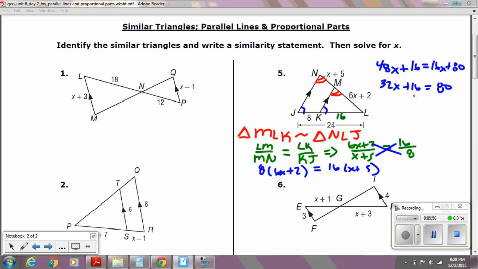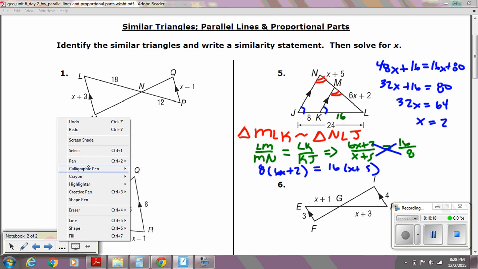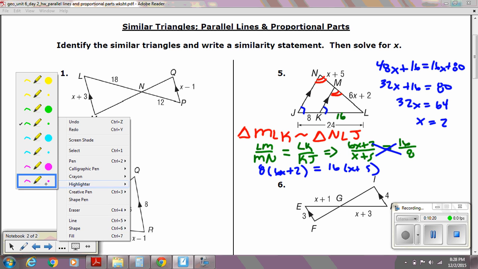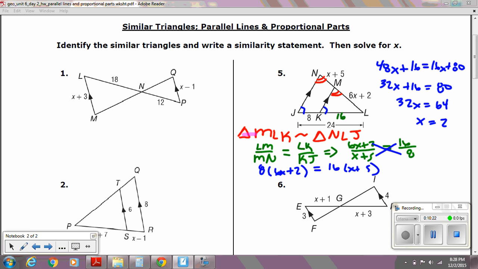Then I'm going to subtract 16 from both sides. So that would be 32x equals 64. And then divide by 32. So x is equal to 2. So again, I did as I was supposed to. I found the similarity statement, which is here, and I found x.